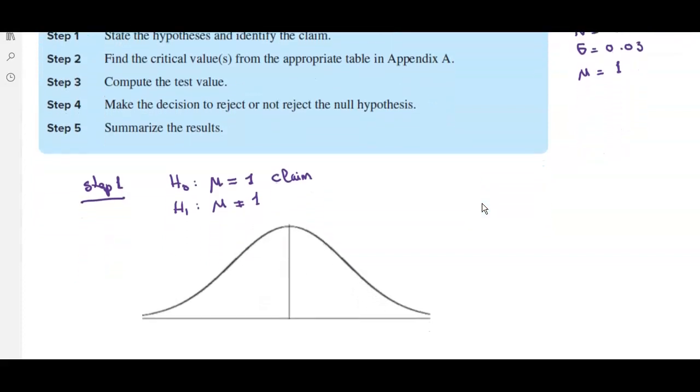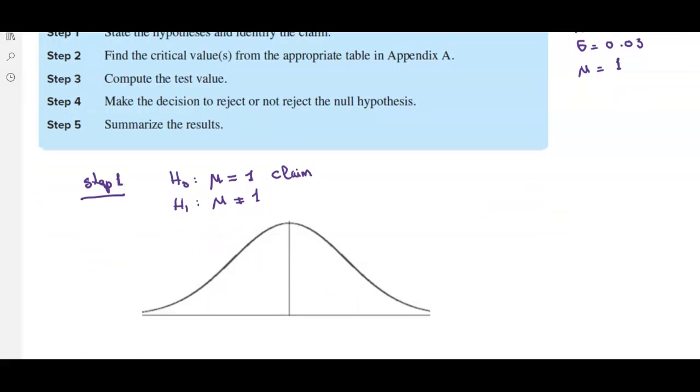Now, because we used an equal sign here and different here, this is a two-tailed test. Two-tailed test means we're going to have half of the alpha here and the other half of the alpha here, so this is alpha over 2, and this is as well alpha over 2. We're going to see it later in the exercise.